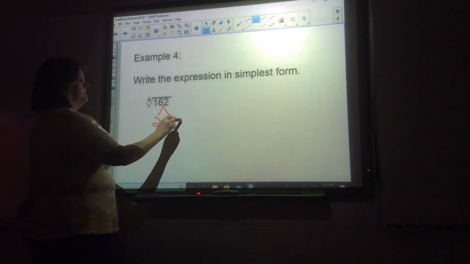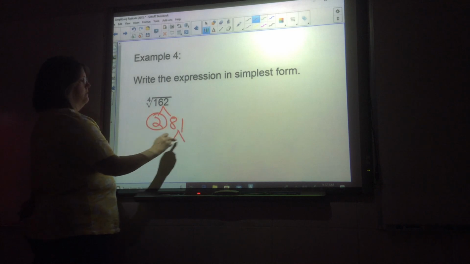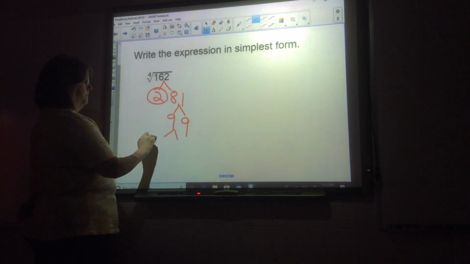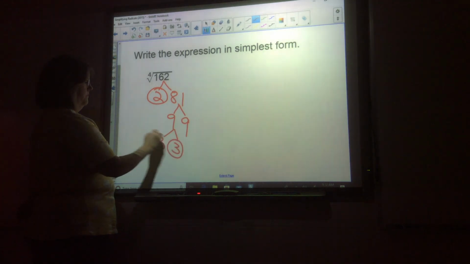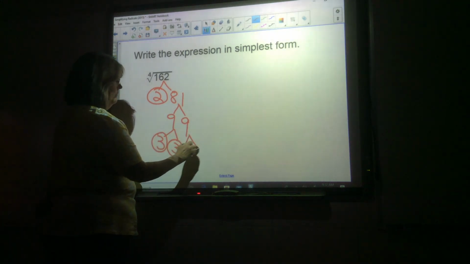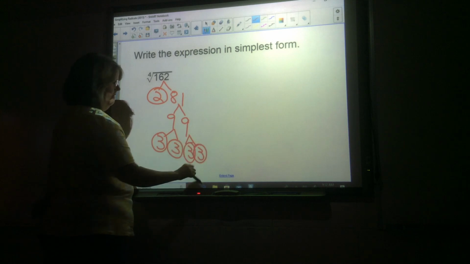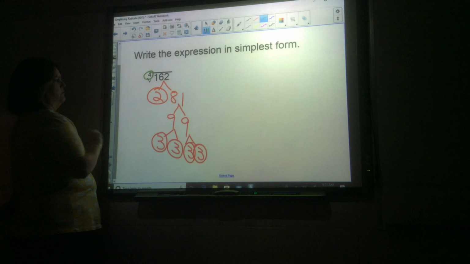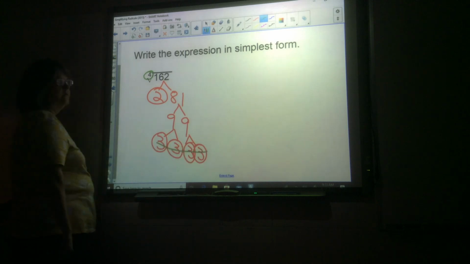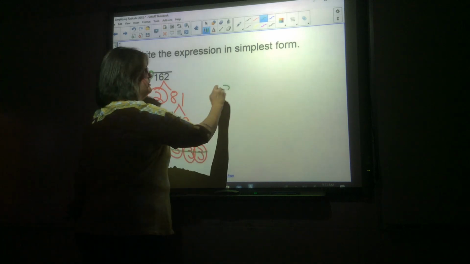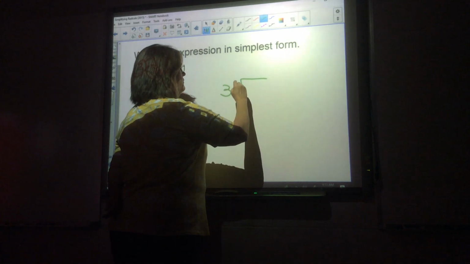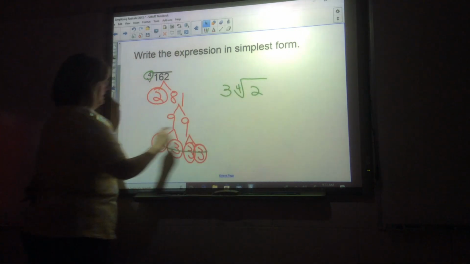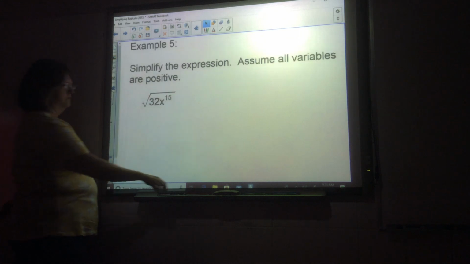This is 2 times 81. 81 is 9 times 9. Now, 4 of the same number this time, and there we are. There are 4 3s, so this is 3 on the 4th root of 2, and 2 is left. Okay, let's go to the next problem.